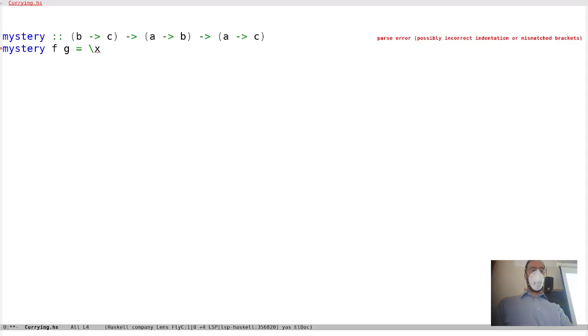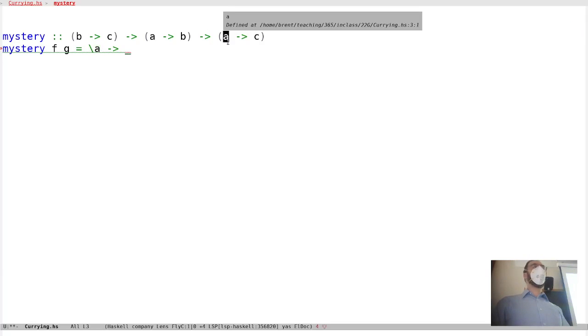We can call this thing whatever we want. I'm going to call it A. So this can be either confusing or helpful depending on your point of view. Right, I have to output a function of type A to C. So if I say lambda A, I mean that the input to the function will have type A, so I've named it A. The reason it's possibly confusing is that this A and this A are different things.